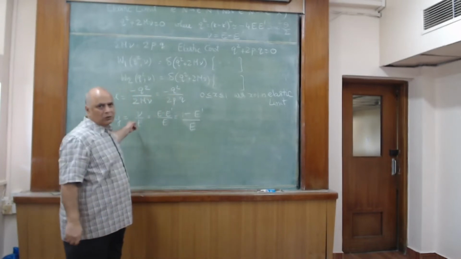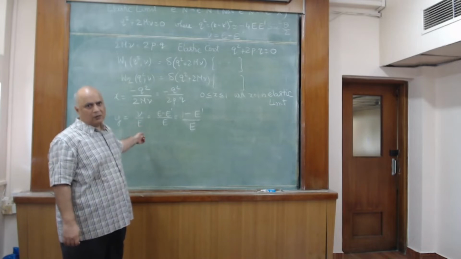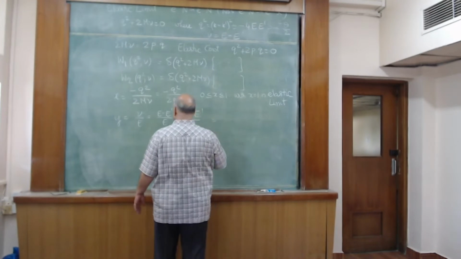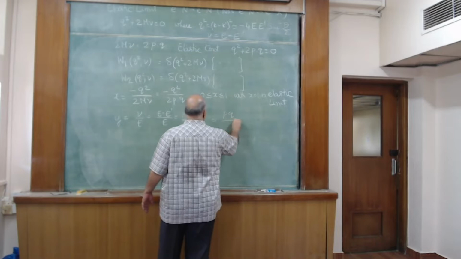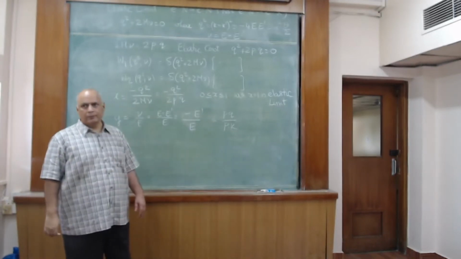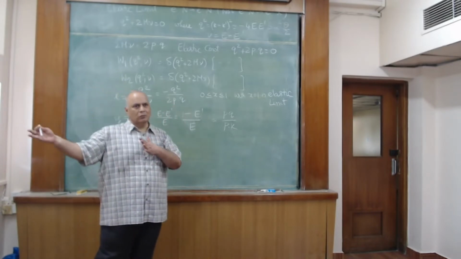Of course, this looks as if it's not Lorentz invariant, but this is also Lorentz invariant because I can always write this as P dot Q by P dot K. P is M, 0.